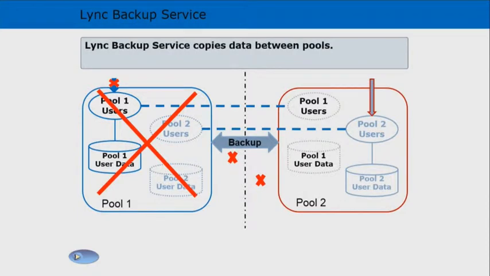However, if we decide that we want to initiate the users to be over on pool 2, and we invoke the pool failover commands, we will then change and update the topology for all intents and purposes to reflect to the users and say, hey, I know you are technically on pool 1, but you're going to go to pool 2 to log in and get all of your services.